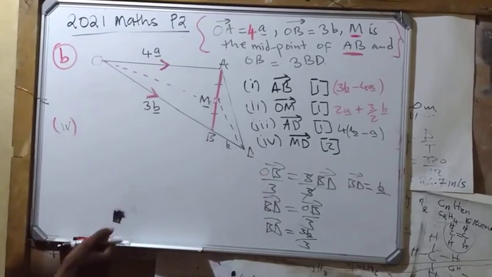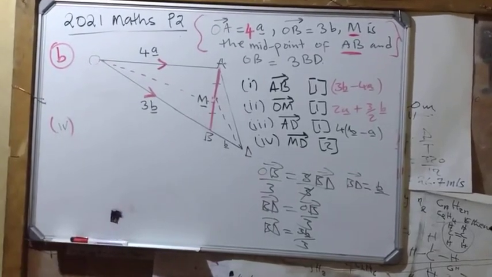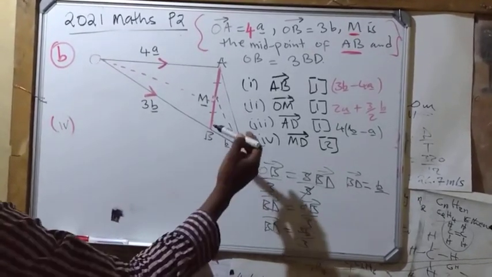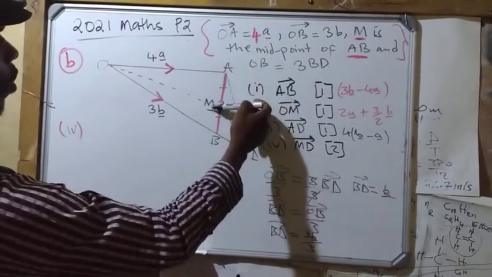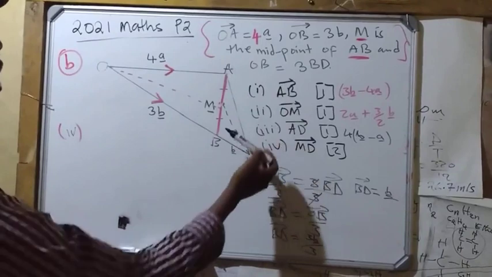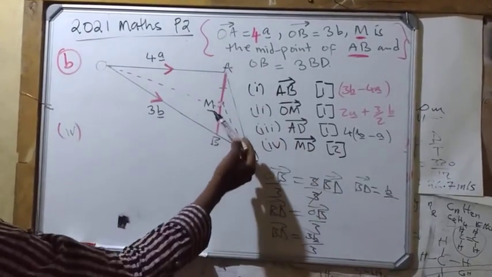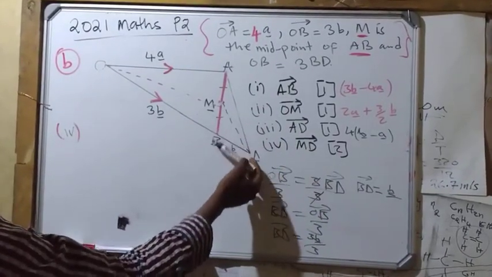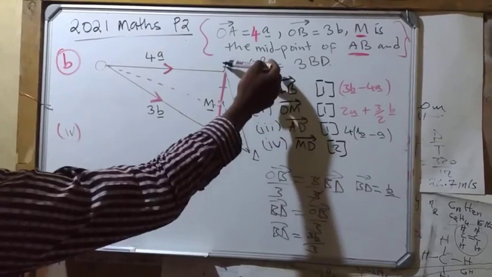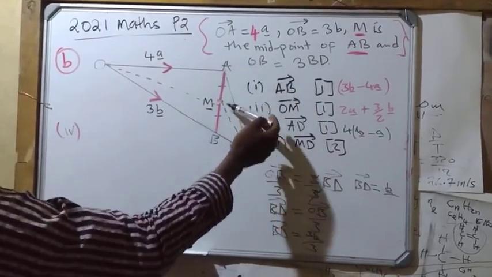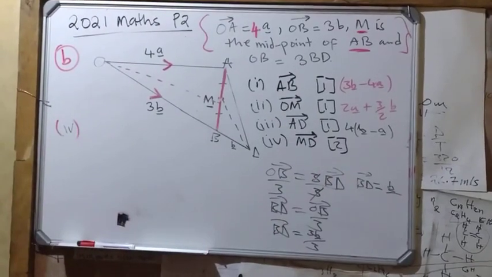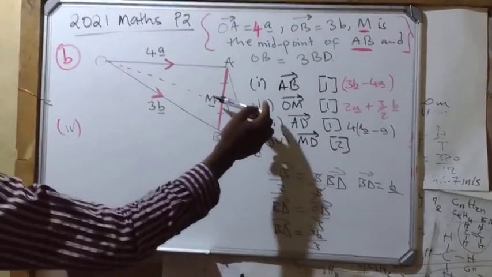So now let's just make our life easy. We are not going to use this way. So what will make our life easy? We are going to use MB, because we know when coming from where A is coming down, we are going to have a positive sign. So now we are going to use MB.